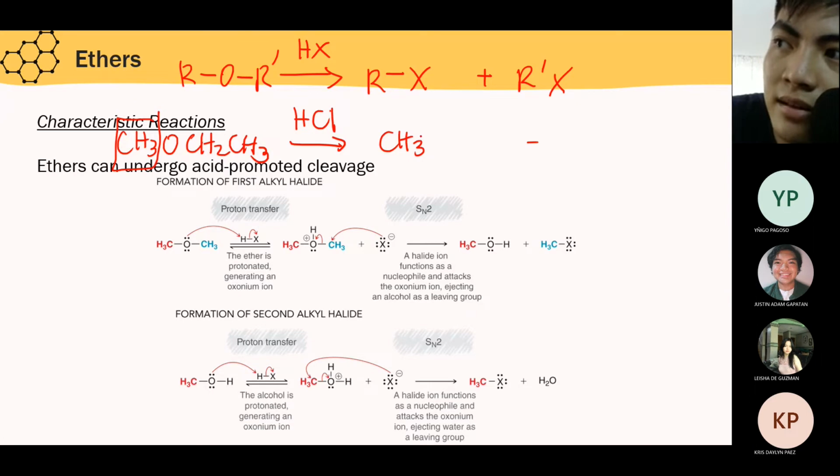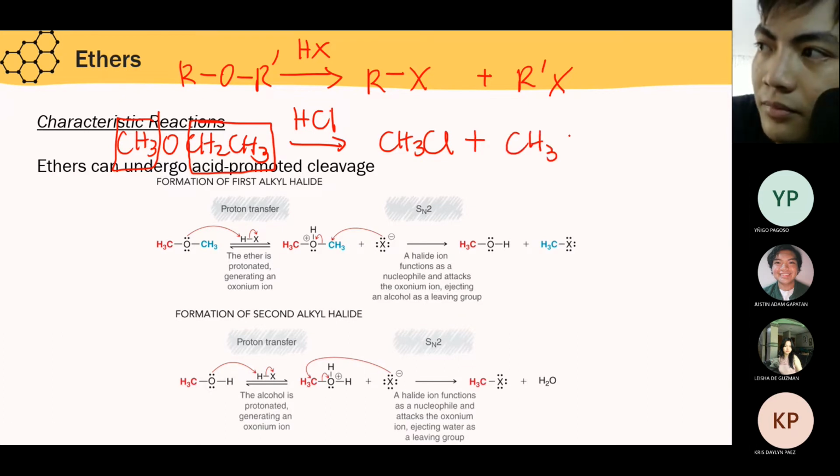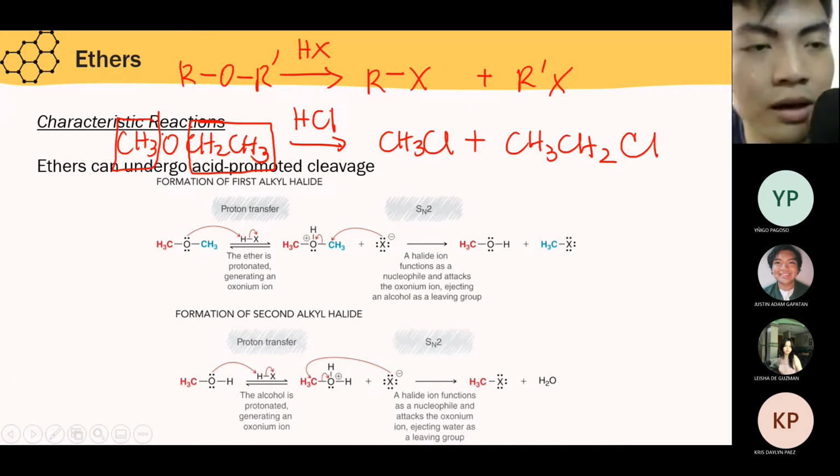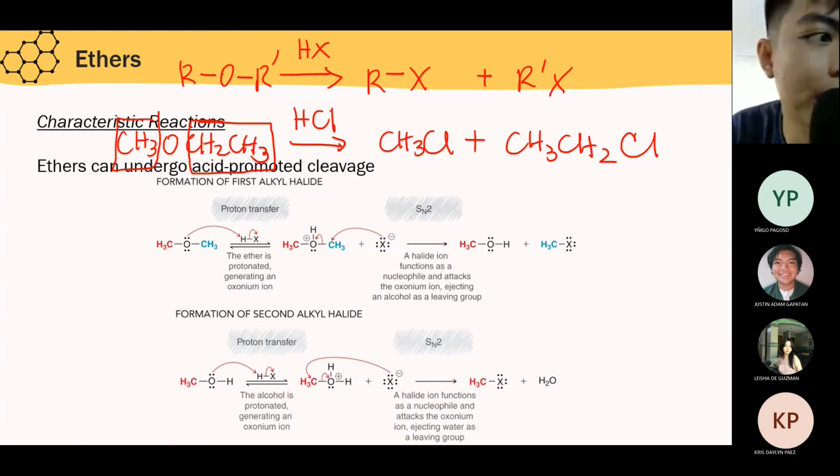Then, yung halide, Cl. And then, itong another R group, kopyahin mo lang. Then, yung halide, didugtong mo lang. Okay? So, that's how the acid-promoted cleavage of ethers happen.